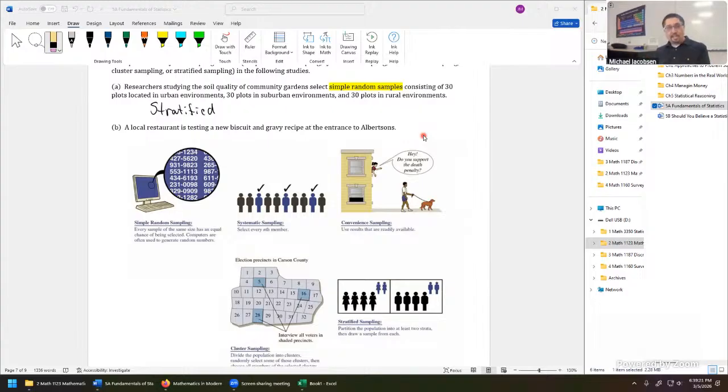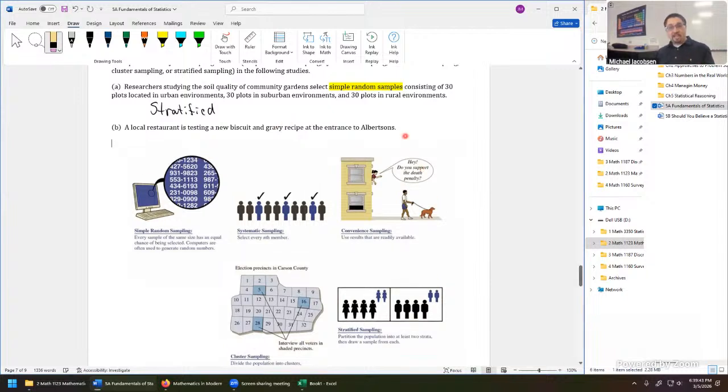We're not really looking into a representative sample whatsoever. We're just taking a convenient sample, and yeah, the restaurant could potentially get in trouble over that. Trouble in the sense that people don't actually like it. Even if everyone at the entrance to Albertsons, I mean, they're excited they got free food probably, and they're just trying to be nice. This is going to be a terrible kind of study. But for answering the question, all we have to say is that this is a convenient sample.